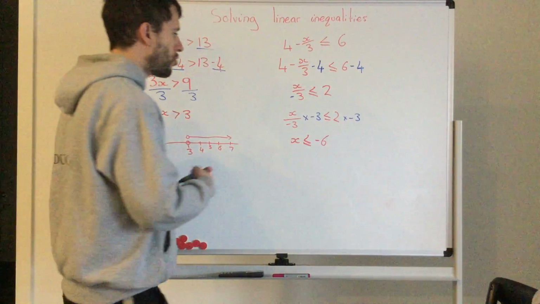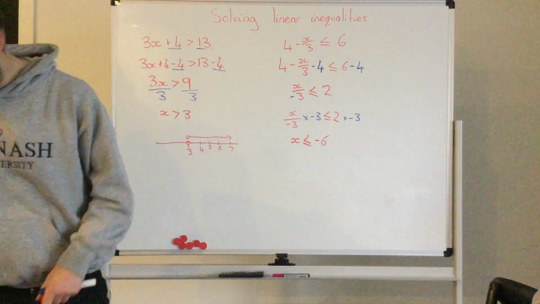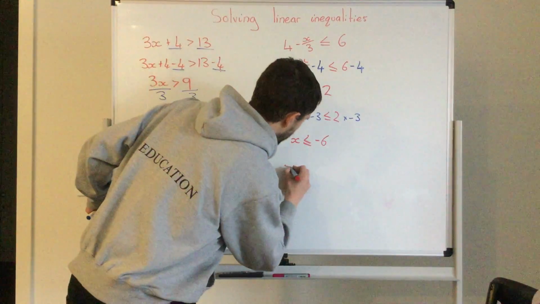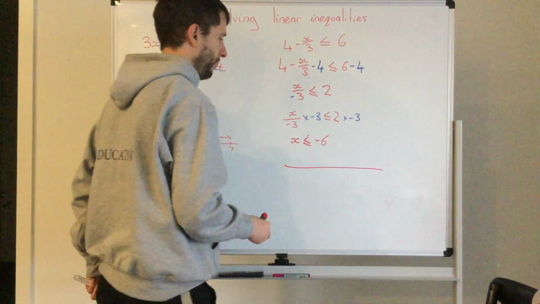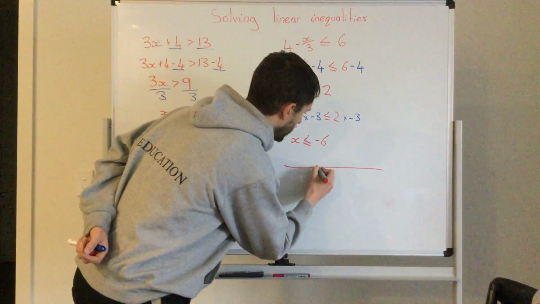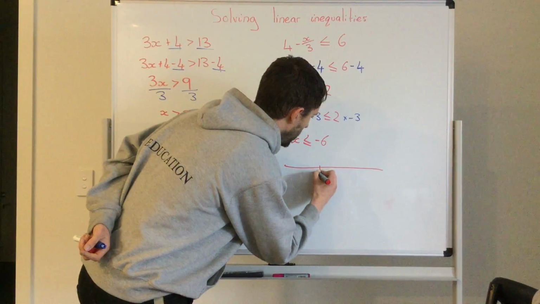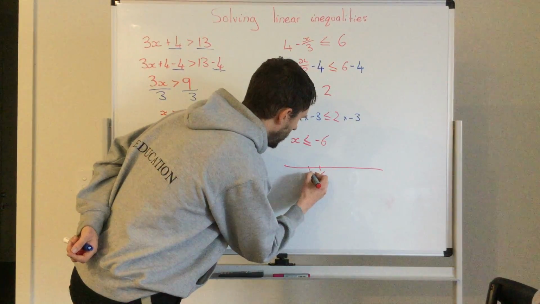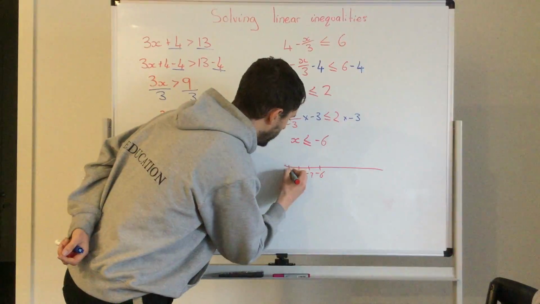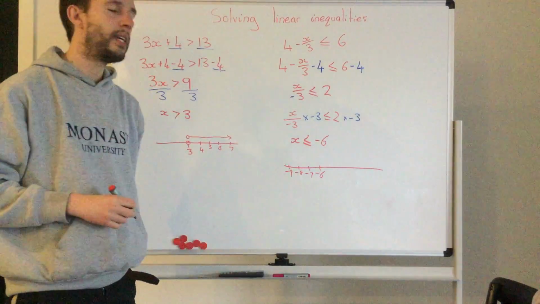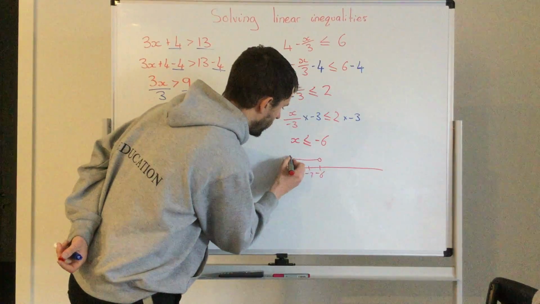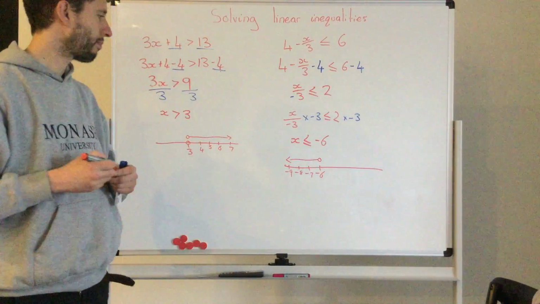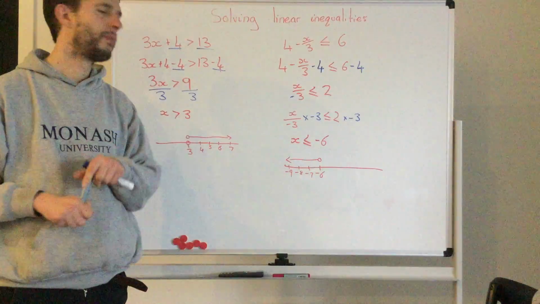So if I draw a number line, and I've got negative 6 here, negative 7, negative 8, negative 9, we know x is equal to or less than negative 6. And there you have it.